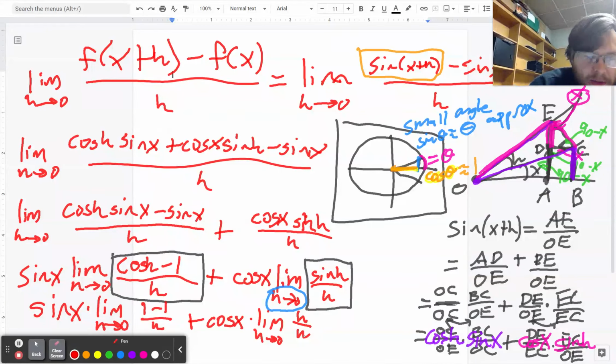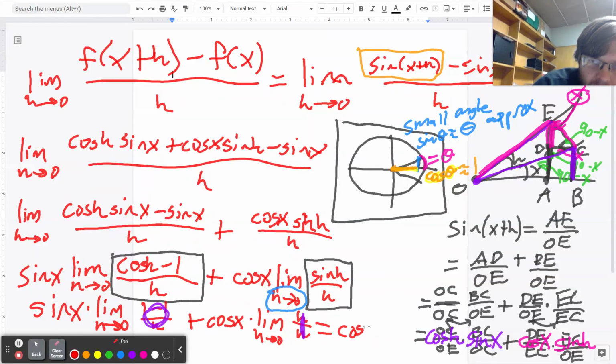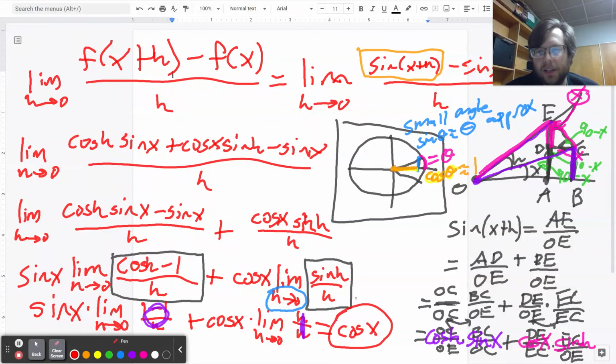And that means that we have here a big ol' 0 over h, here a big ol' 1. So sine times 0 plus cosine times 1 is cosine of x. So now we've proved from first principles and a little bit of trigonometry and a weird little small angle approximation that the derivative of sine has to be cosine.